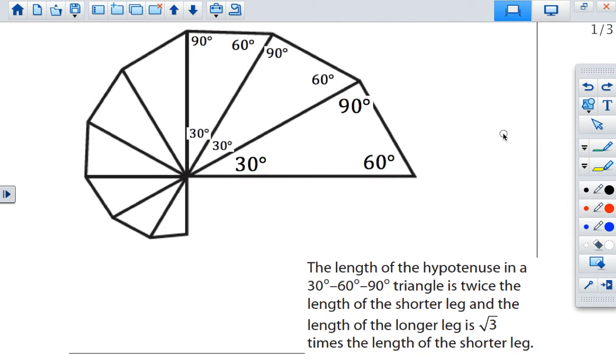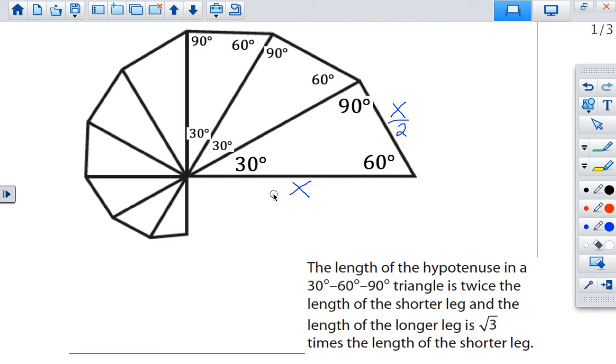Let's go with blue. So let's say we know that the length of the hypotenuse is x, and we want to know the length of the shorter leg and the longer leg. If the hypotenuse is twice as long as the short leg, then the short leg would be x divided by 2.